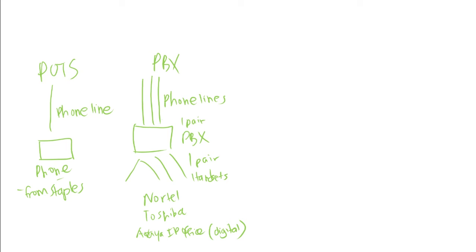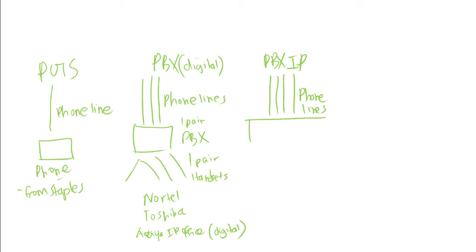And then you have something like a PBX, but this is digital. You have a PBX now with IP. So you still have phone lines coming in, but now it's like a Cisco Call Manager.